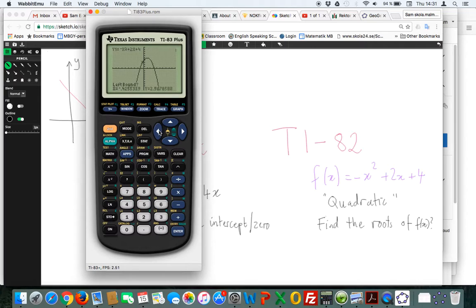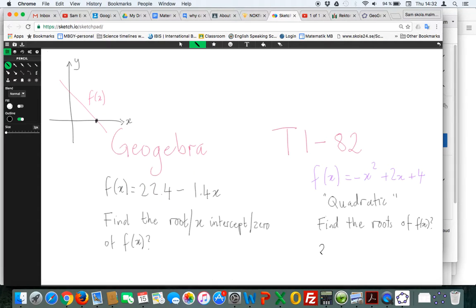So for the first one, I have to go to the left of the point and press enter. Then I have to go to the right of it and press enter, and then I have to give a guess, and anywhere in between should be fine. And it will find me the first root, which I can read off here: x equals minus 1.24. So x1, the first root, is minus 1.24 to 2 decimal places.